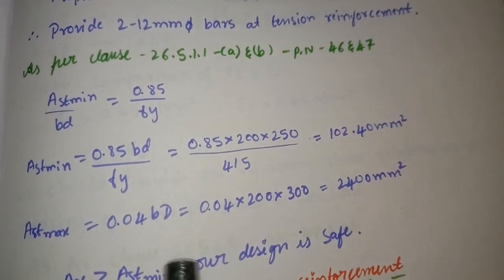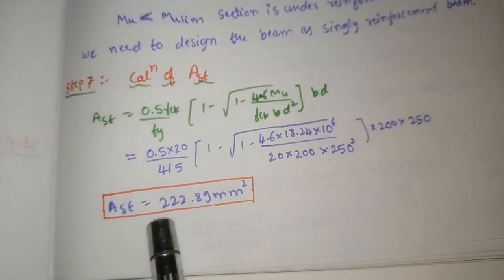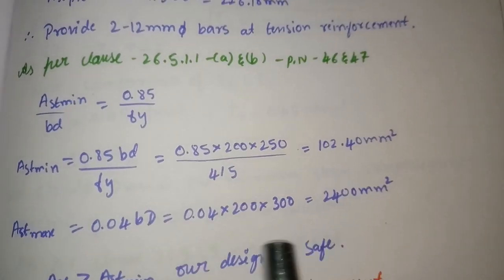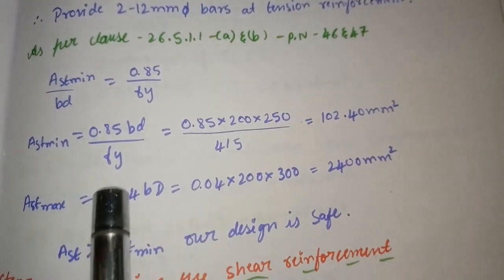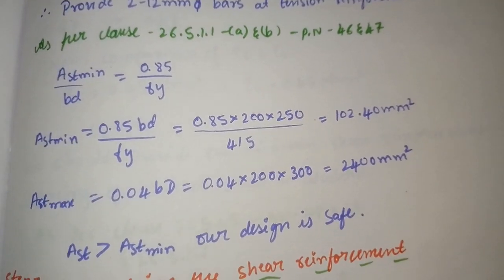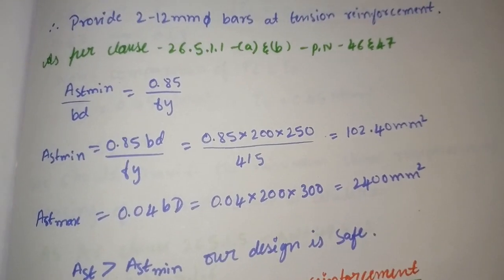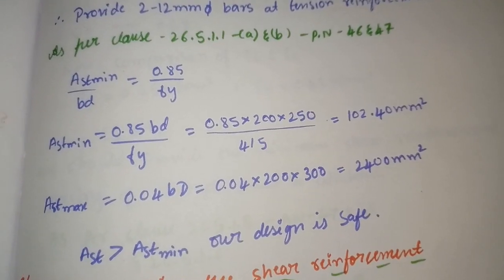How much have we got for our AST value? Our AST value we got is 222.89. So our value lies in between AST minimum and AST maximum. So our AST is greater than the AST minimum, and our design is safe. So this is how we calculate the AST minimum and AST maximum.